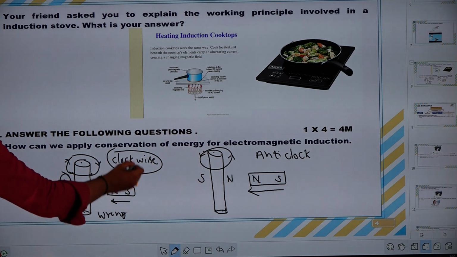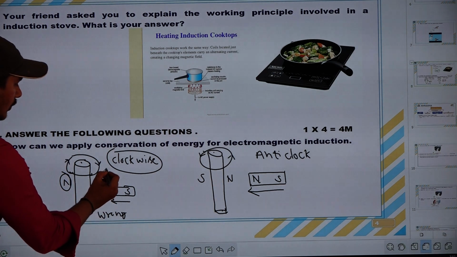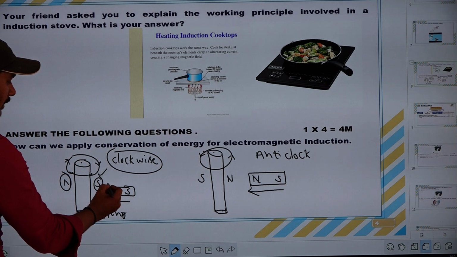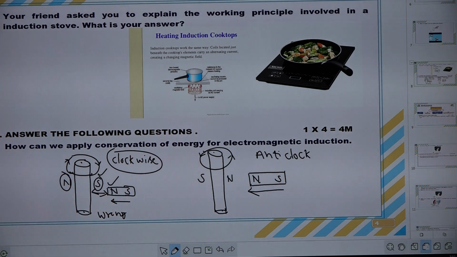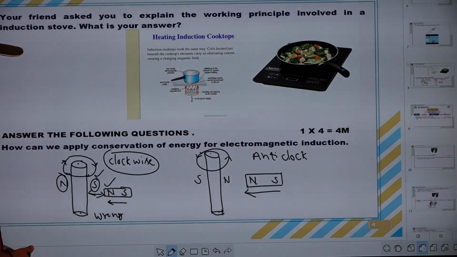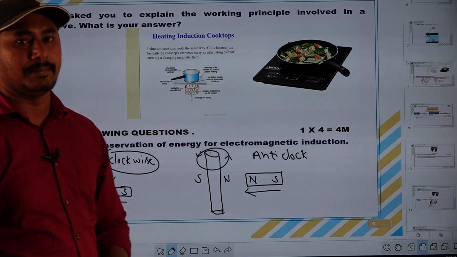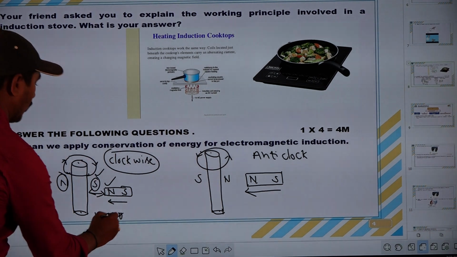Here the current will be produced in the clockwise direction. In that case, the south pole of the wire and the north pole of the magnet both attract. When both attract, there is no external force here, there is no electromagnetic induction here. That's why our assumption is wrong. This is a wrong condition.